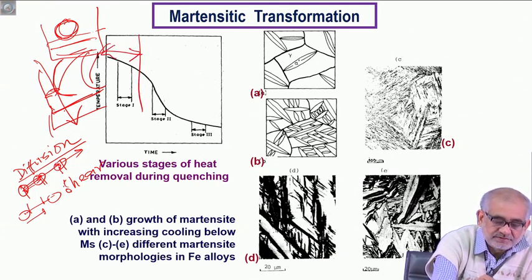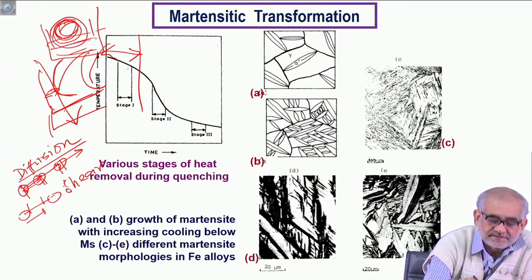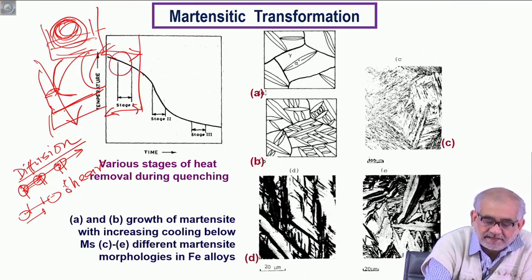Whenever we drop a hot body into a certain fluid, there will be immediate formation of a vapor blanket around it, and that will retard the heat transfer. This is what is going to happen in the first stage. So during the quenching process, we would like to minimize this first stage as much as possible, and employ the second stage as much as possible, so that the heat transfer is the fastest and uniform during this stage.